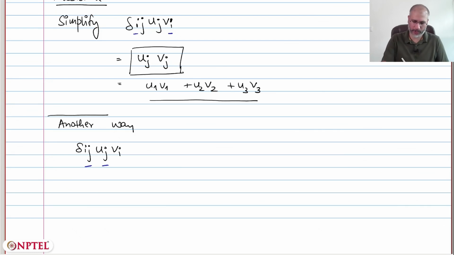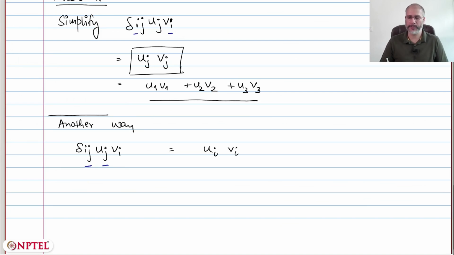So we apply the substitution property, which says you get rid of the delta. So there's no delta, there's only u and v. And you replace the repeated index, that is j, with the other index of delta, that is i. So the j that was under u gets replaced with an i. And we already had an i. So ui, vi.